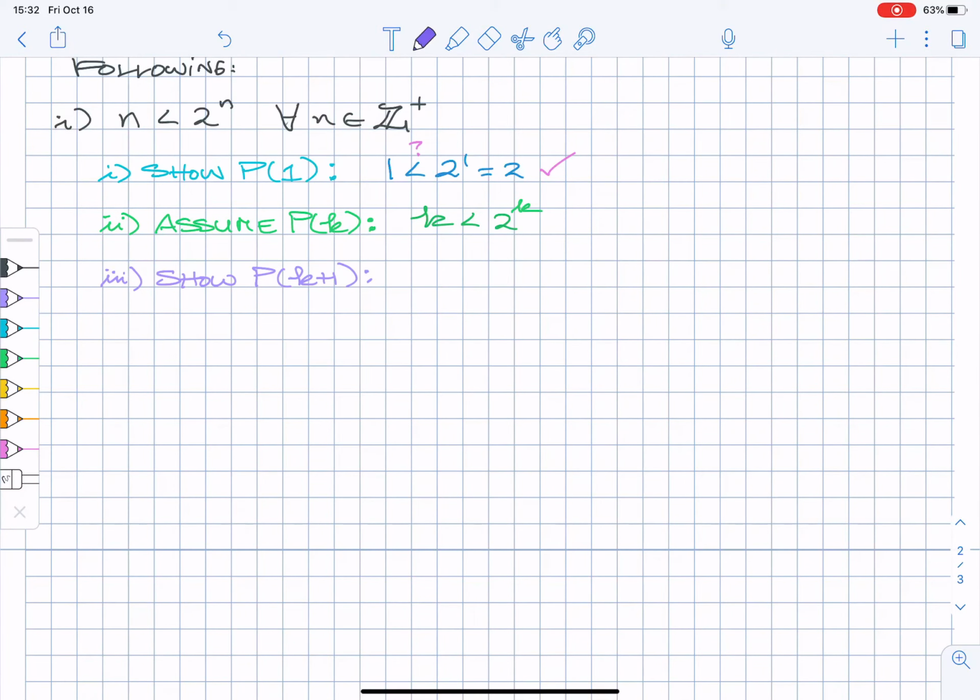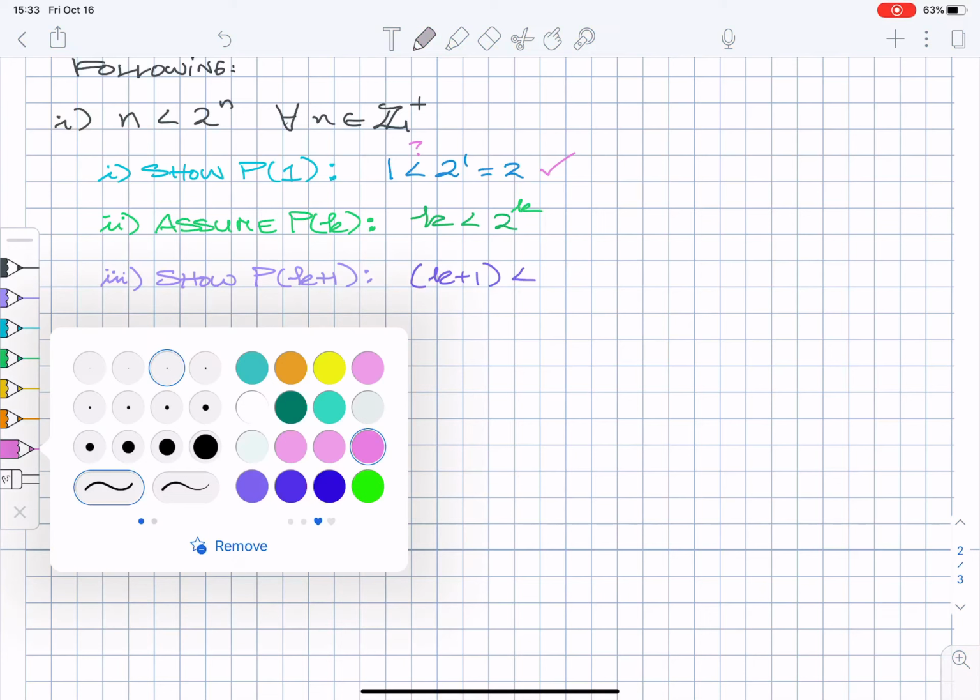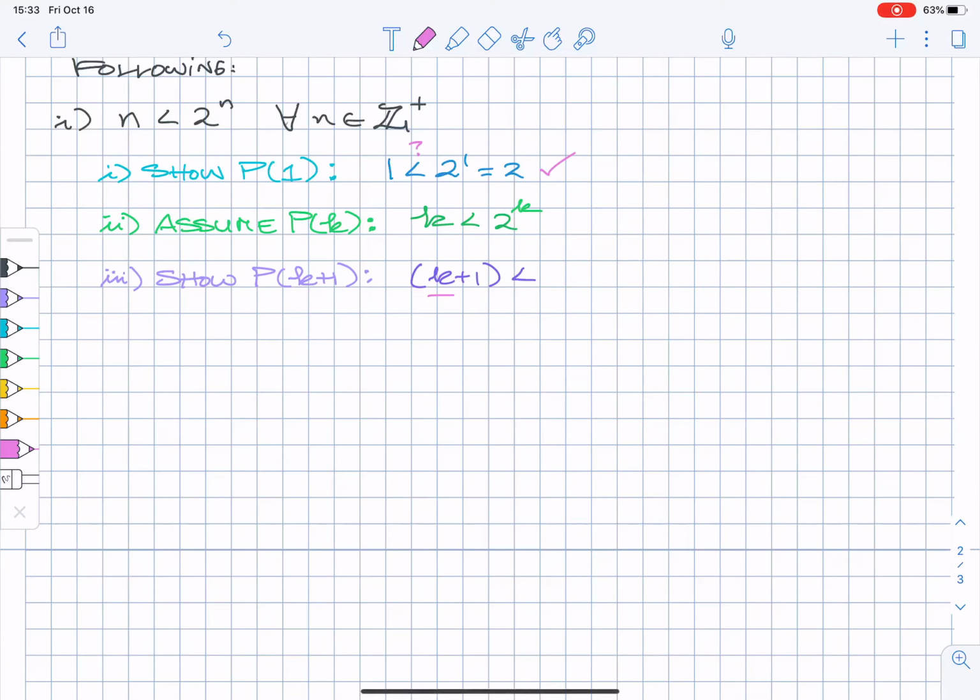So k plus 1. Well, I claim that that's less than 2 to the k plus 1 based on my inductive step, right? Because k is less than 2 to the k by assumption.